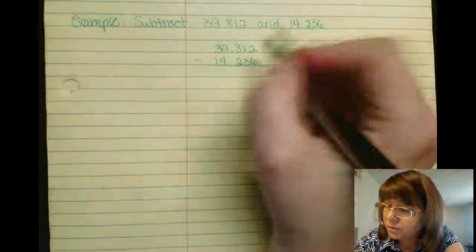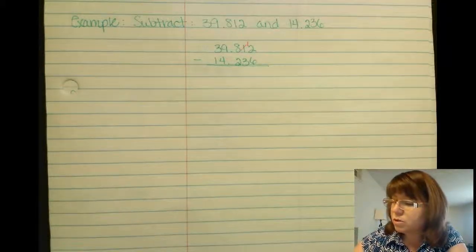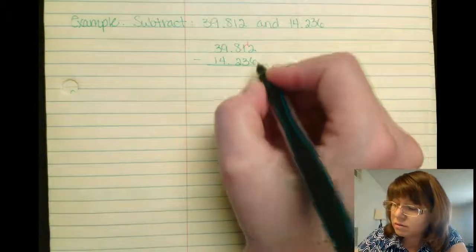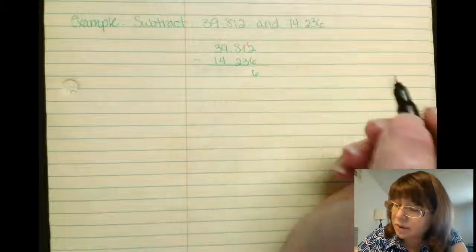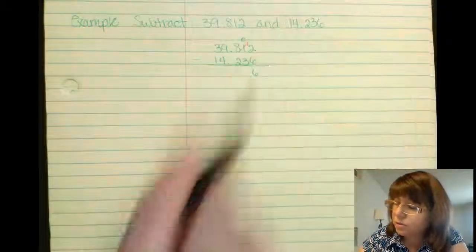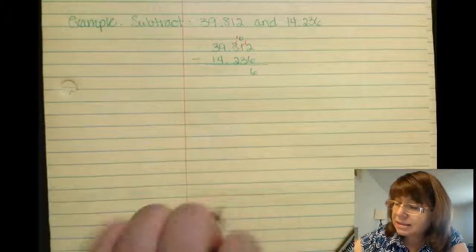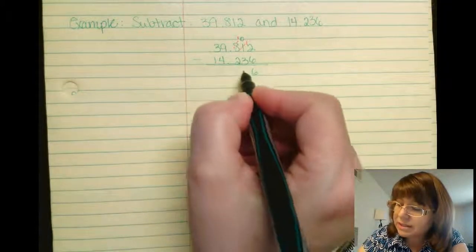So let's go ahead and start the problem. And first and foremost, I'm going to treat it just like a regular subtraction problem. So I do need to borrow 1. And now it's 12 minus 6 is 6. The 1 became a 0, so I need to borrow again from the 8. 10 minus 3 is 7.